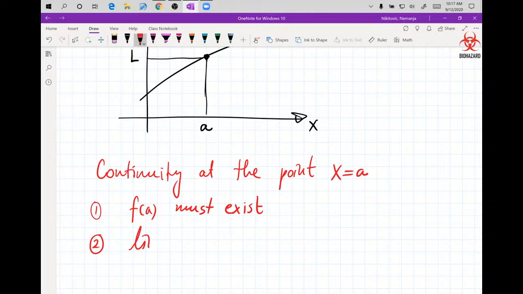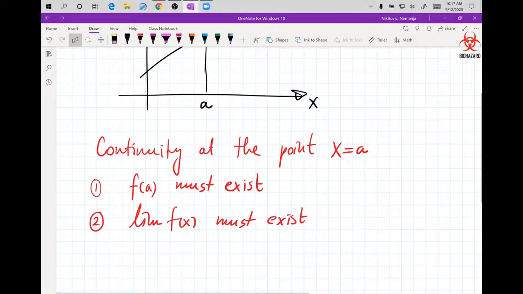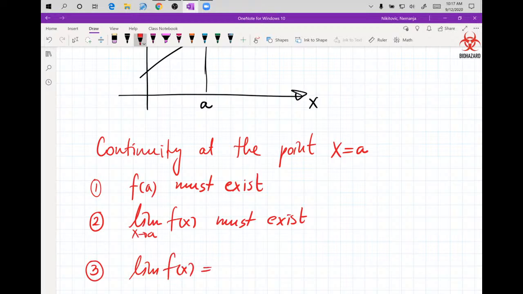Two, the limit of f of x must exist as x goes to a. And third is that the limit of f of x needs to be equal to f of a, which is our L over there.